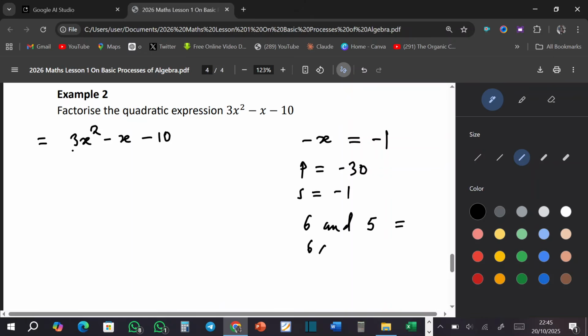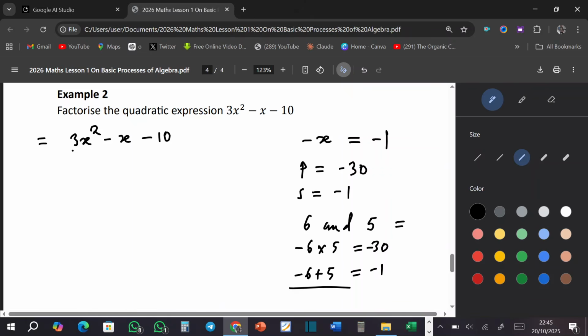If we say 6 times 5, we must get a 30 there. Now it is a negative. So if we say 6 plus 5, are we getting a -1? No. So unless we say negative, so 6 will be negative. So that if we say -6 times 5, -30, then we say -6 plus 5, -1. So we have found these.